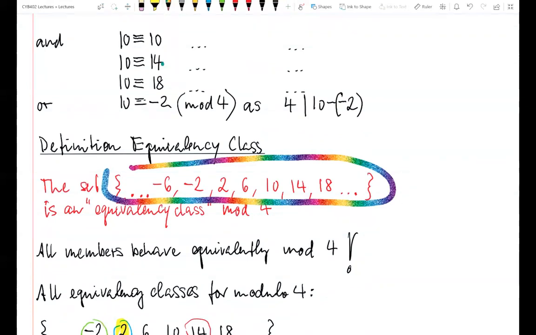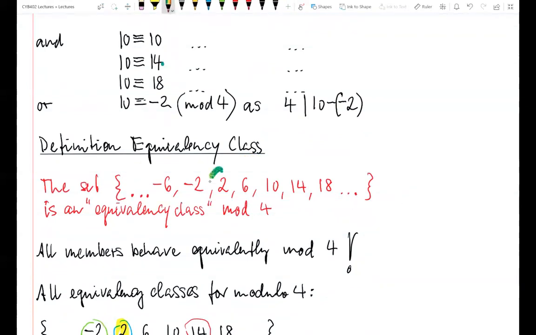So you see the equivalency class here, the elements that make up the equivalency class. All are equivalent with respect to modulo 4. So we see the original 2, and then we get upwards here because each of the elements has a distance of the modulus, which is 4. And the same is true if we go backwards. So all of these elements form an equivalency class.